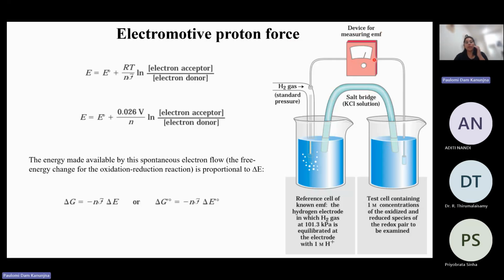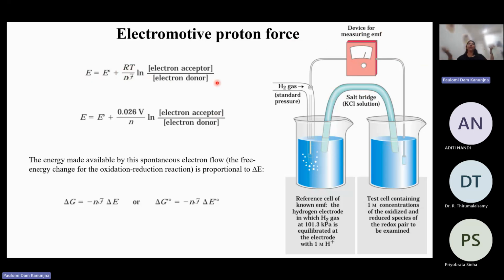Okay, so this is what you do to calculate, but how do you actually calculate? What is the formula? This is the formula that we are using. We have E, the electromotive force or the energy, which is just like what we did with standard free energy change, right? We have E naught plus RT over Faraday times ln of electron acceptor over electron donor.